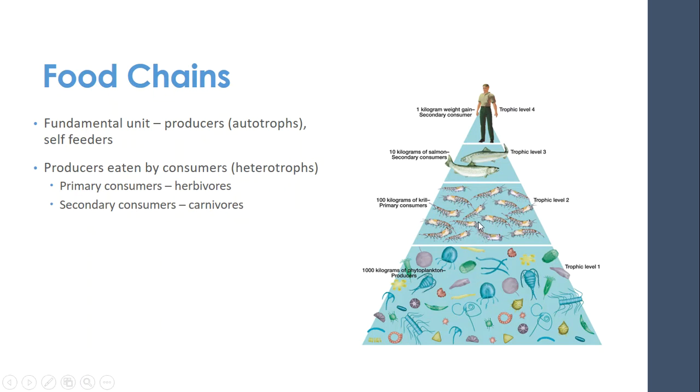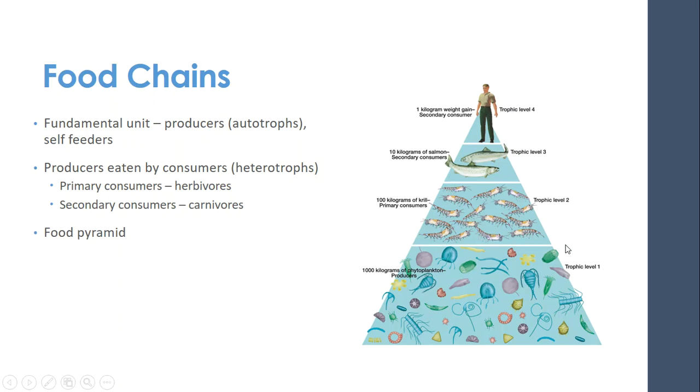The primary consumers, which are considered herbivores, are these krill right here. Secondary consumers are considered carnivores, and right here at the top we have this man. He is also a secondary consumer, right? He's eating the fish that are eating the krill that are eating the phytoplankton.